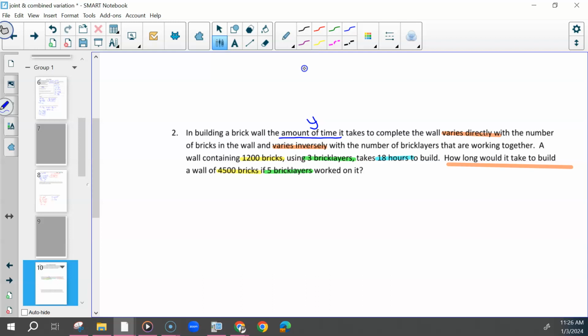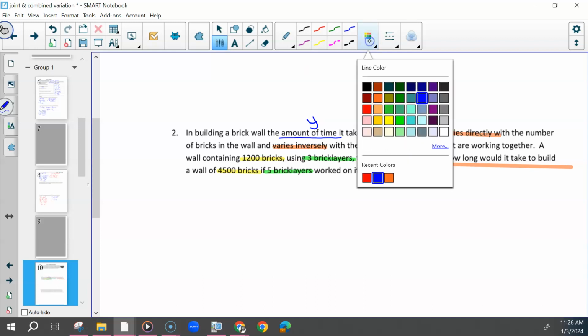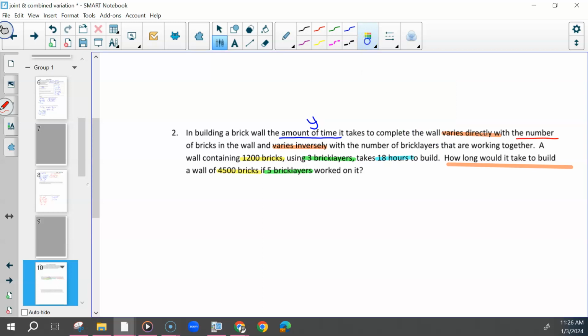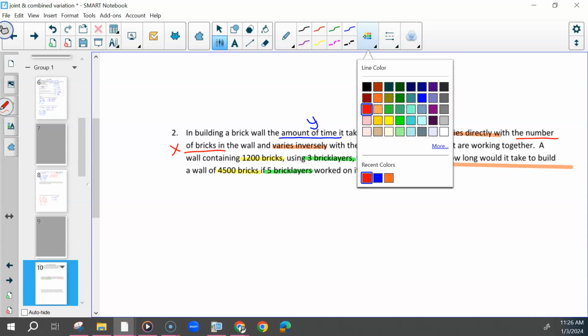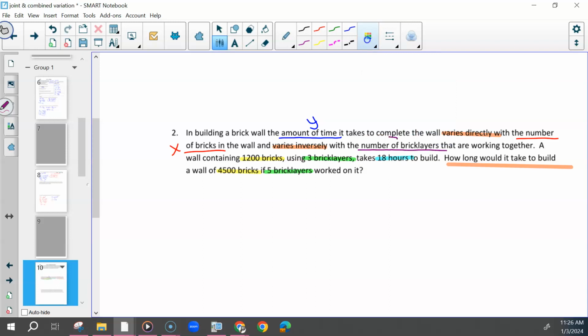With the number of bricks, call that x. And then varies inversely with the number of bricklayers, so let's call it z. You could call it a, n, and b, or t, b, and l, whatever you want. They just have to be 3 different variables.